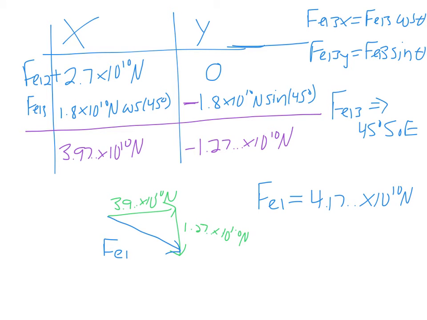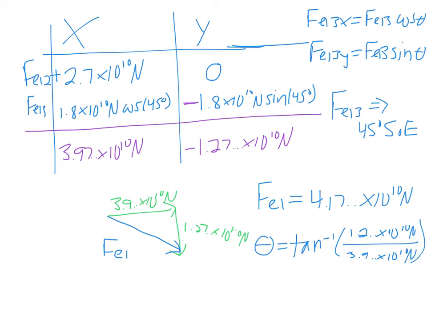Then we need to figure out the angle. For the angle, I always like to use inverse tan of the y component over the x component. So this would be 1.2 times 10 to the 10th newtons over 3.9 times 10 to the 10th newtons. Angle equals 17.76, keeps on going degrees.